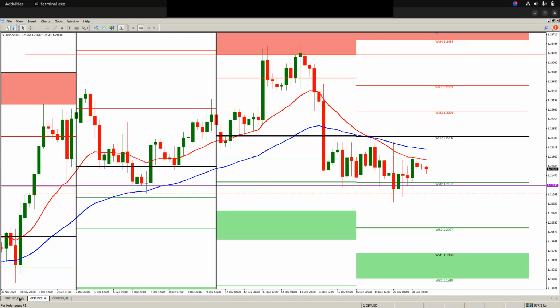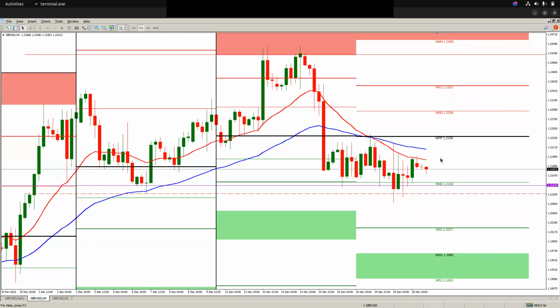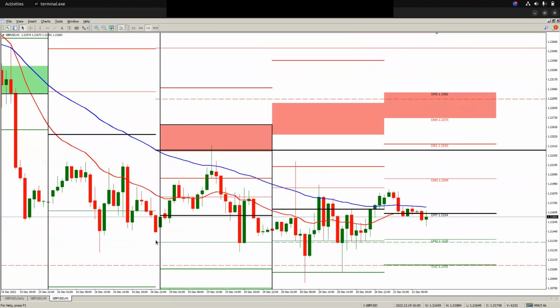Now, of course, right now, technically, I wouldn't be looking to sell pound dollar based on where we are. But what you would notice is if you were looking to buy pound dollar, right now, while price is currently at support on that daily time frame, you don't have the higher high, higher low that you'd be looking for to confirm that this is something you want to trade. And you can either look at this on the H1 time frame or M15.